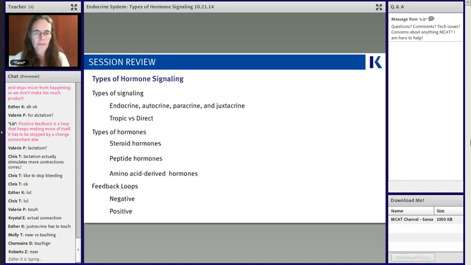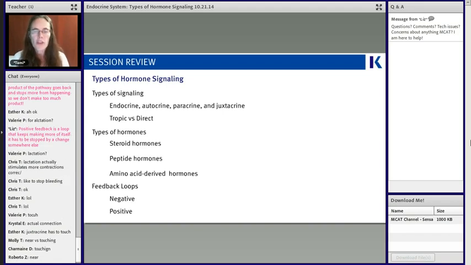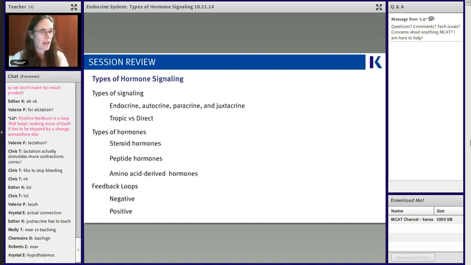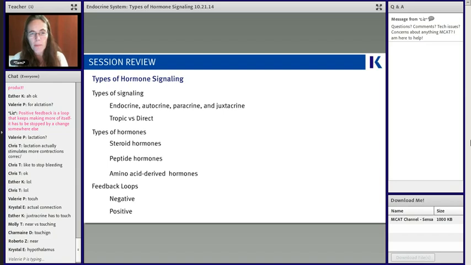You guys got it. Now, we didn't really talk about tropic versus direct, but we'll talk about that a little bit more in endocrine too. So tropic means that it causes other hormones to be released. Direct means that it goes directly and acts on what it needs to act on. Let me give you a quick example. Does everyone remember the anterior pituitary and the nice mnemonic to remember what's released?